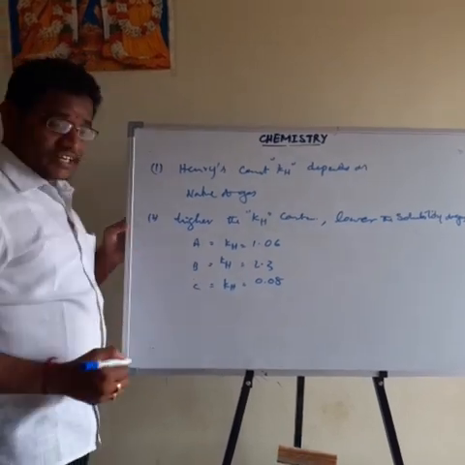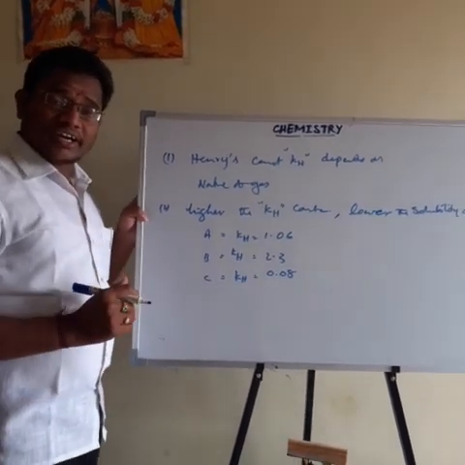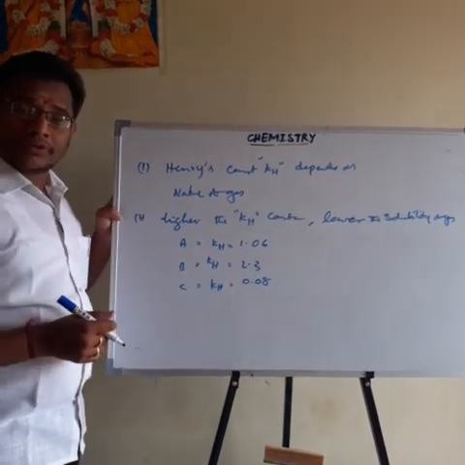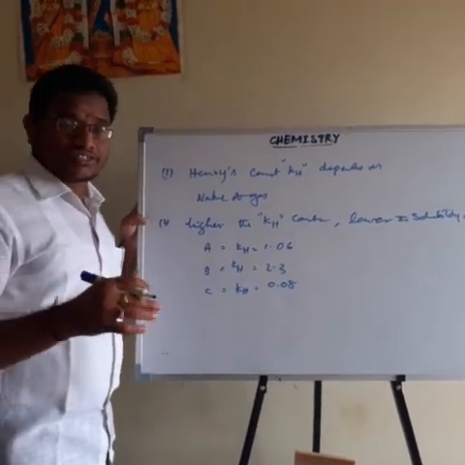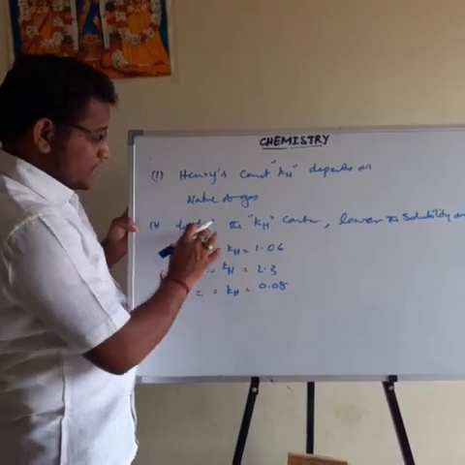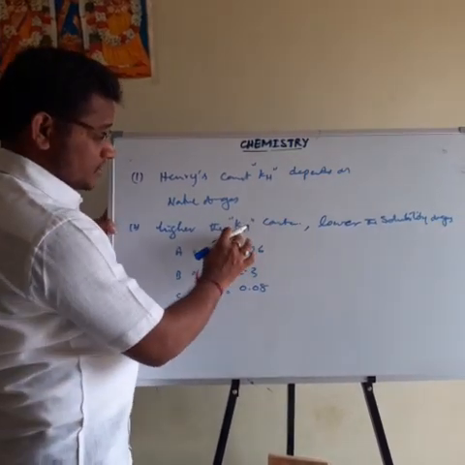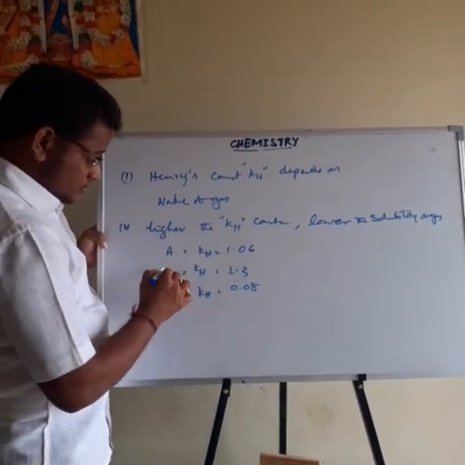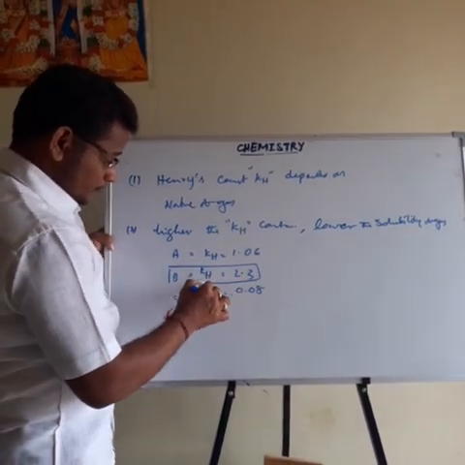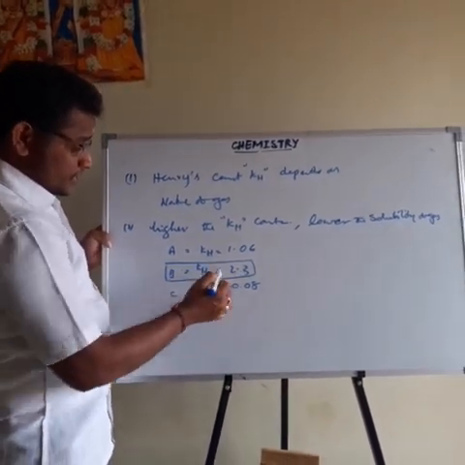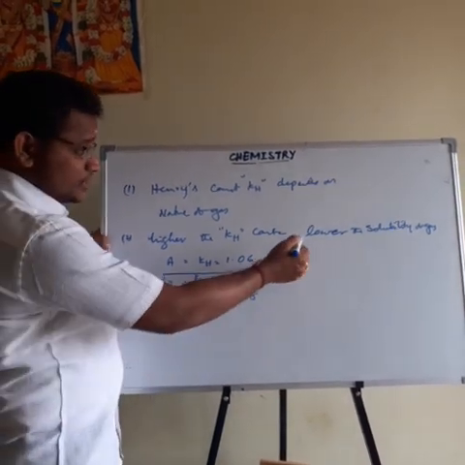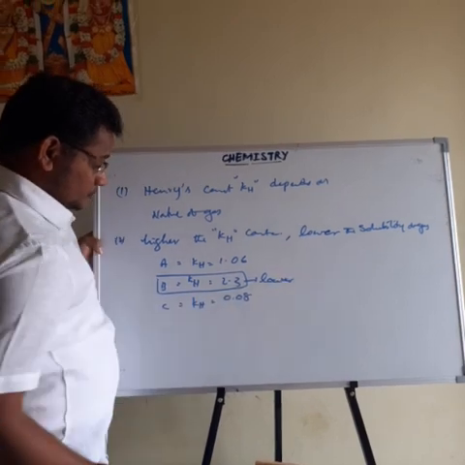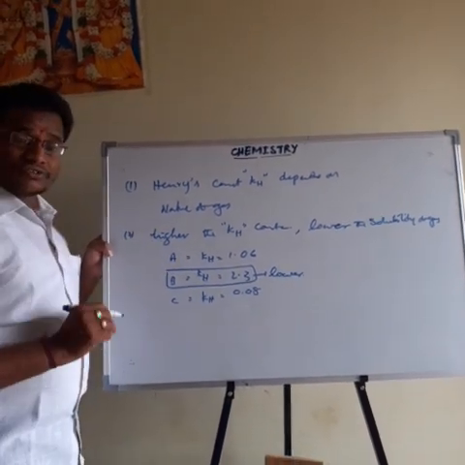Among these three gases, which is highly soluble and which is less soluble? I just told you, the higher the Kh constant, the lower the solubility of the gas. So the higher Kh value is B, and its solubility is lower.